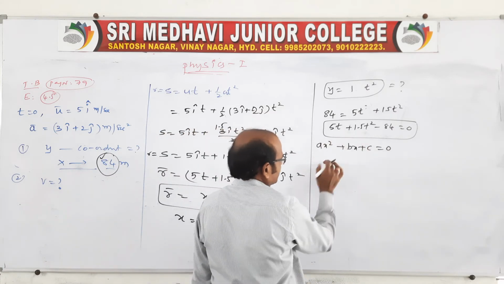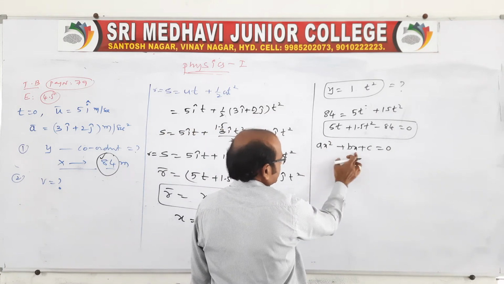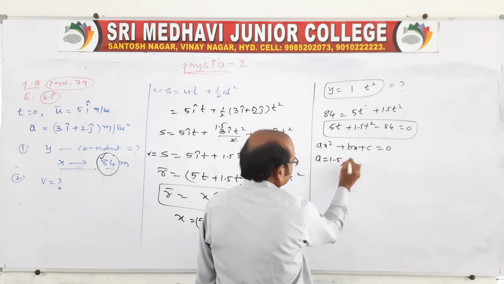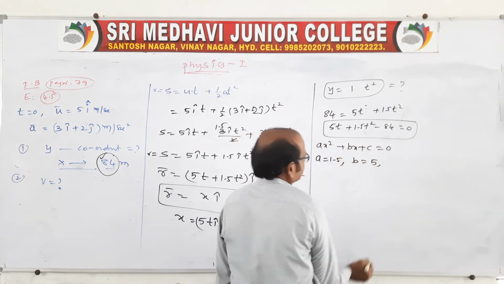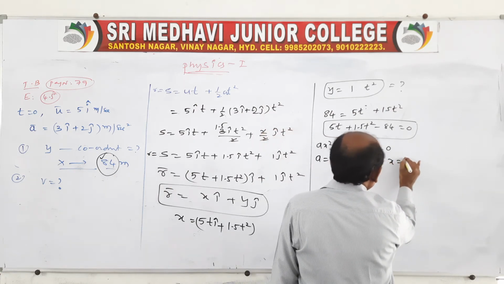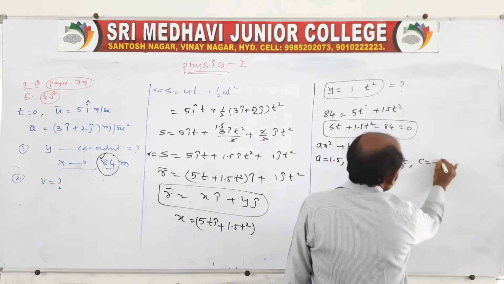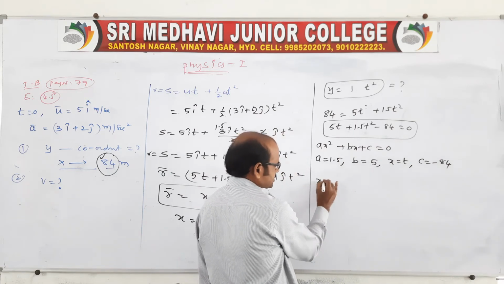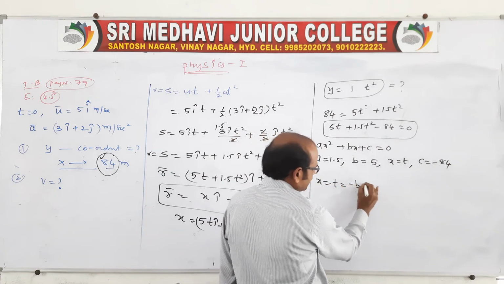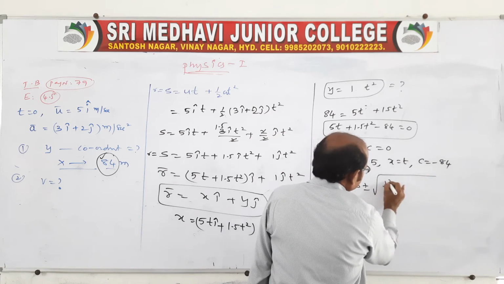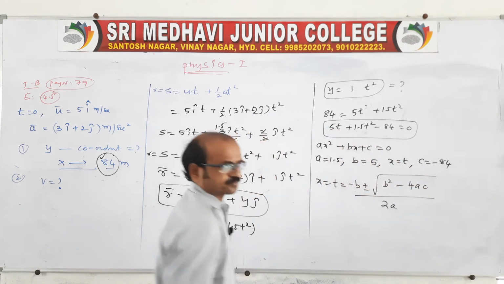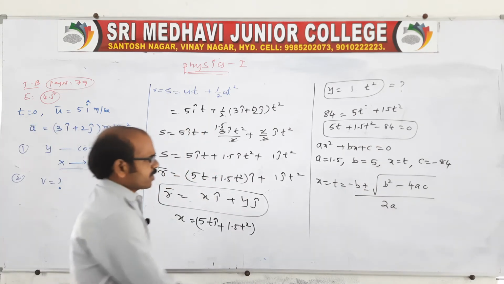Now we have to find the time. Your square term is there, the linear term is there, the constant is there. So a value is equal to 1.5, b value is equal to 5, the variable is t, and c is equal to minus 84. So for the quadratic expression, t is equal to minus b plus or minus root of b square minus 4ac, by 2a. Write these values here to get the time.